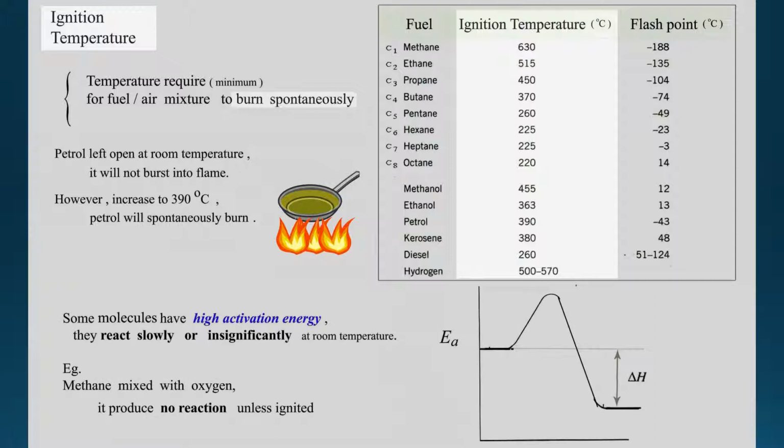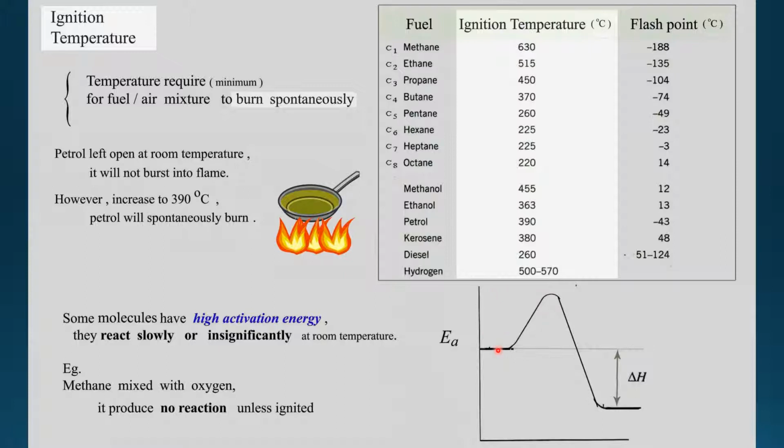And so what did you learn from here? Do you remember activation energy? That means petrol, methane, all these gases, yes, they all release energy when they're on fire, but you have to add in a lot of energy. For it to burst into flame, you have to add energy.